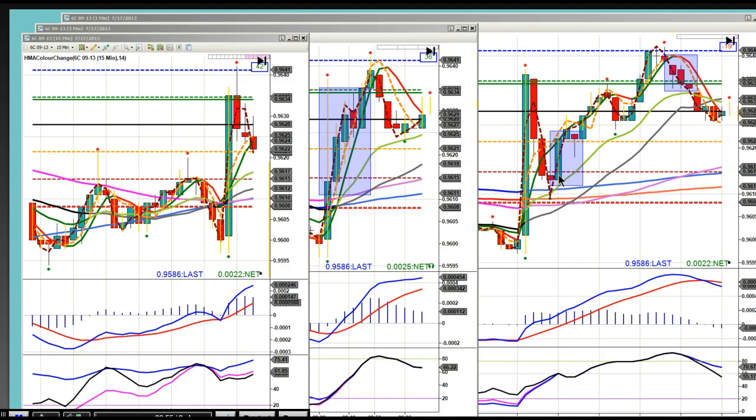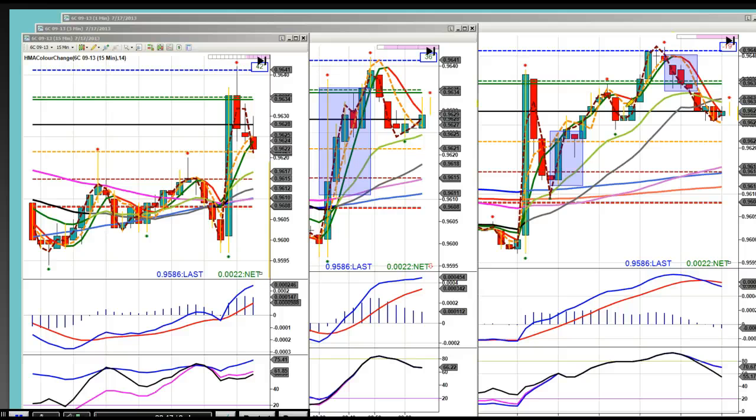Now, please, the last point I want to make here: ignore the wooden floors in terms of pivots when you're trading the trend. When you're trading the trend strategy, you ignore the wooden floors.